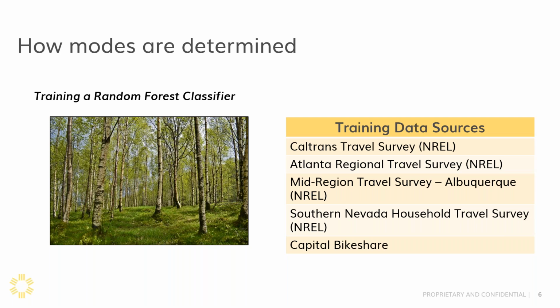And then we train the data using available statewide and regional travel surveys that use GPS, along with Capital Bikeshare data. And we did this under the firewall of the NREL labs, where we were able to train our data using those GPS surveys that were collected to say, okay, great, this matches up with what we'd expect for this type of behavior.